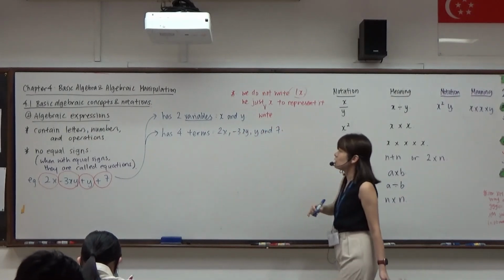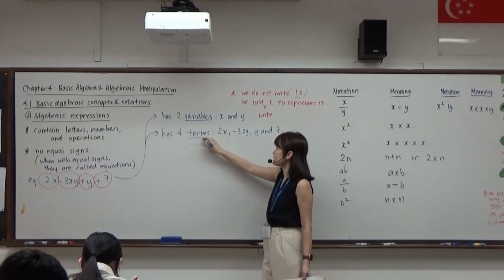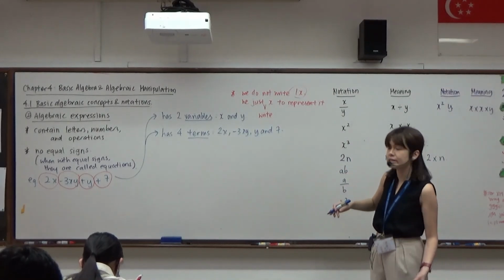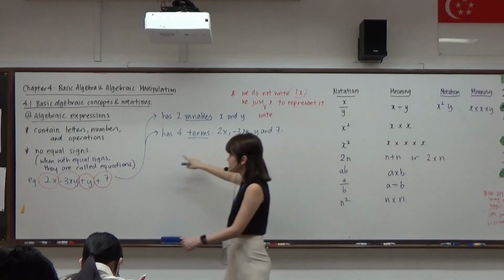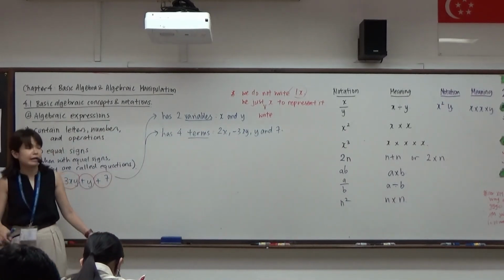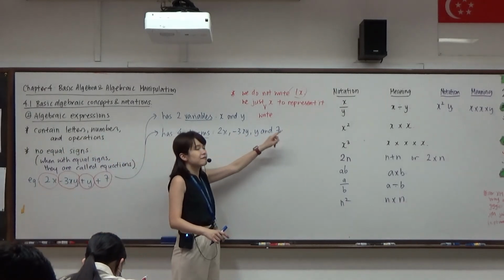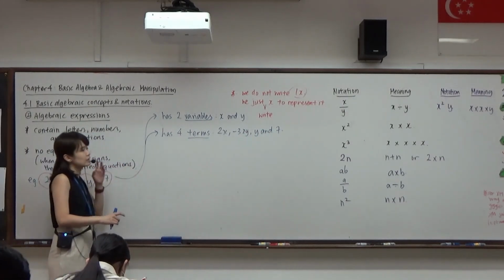We say that the four terms are 2x, negative 3xy, y and 7. Just like positive numbers, we don't usually put a plus sign in front to represent positive. So therefore, for y and 7, we don't need to put in the plus sign.